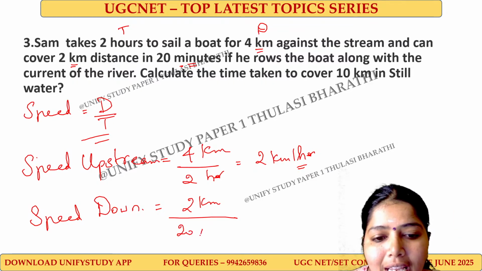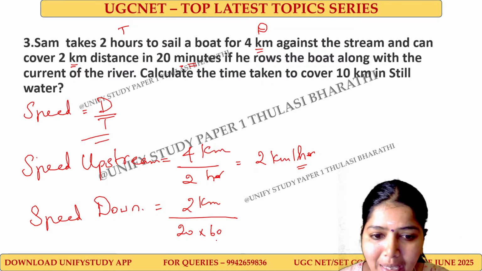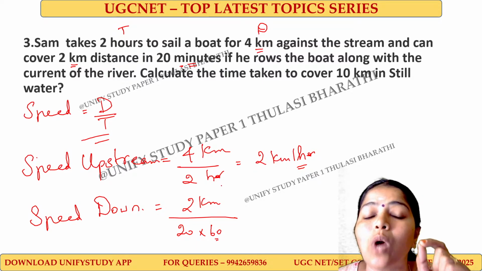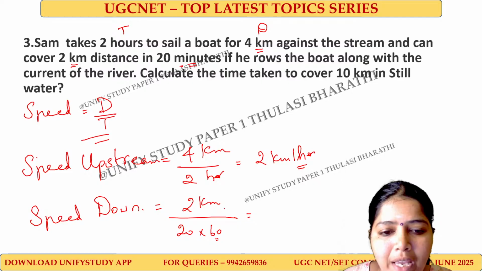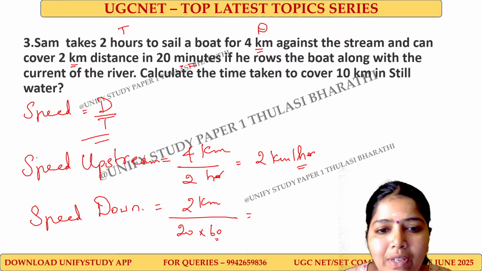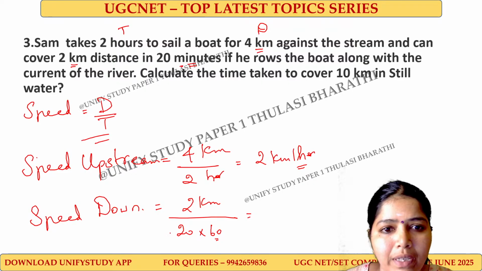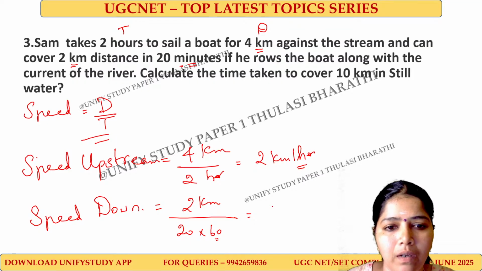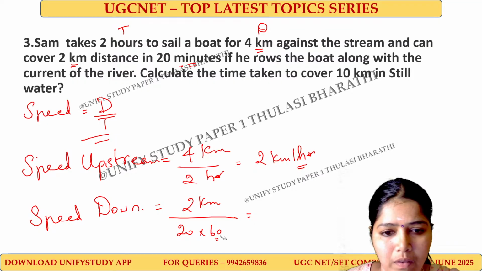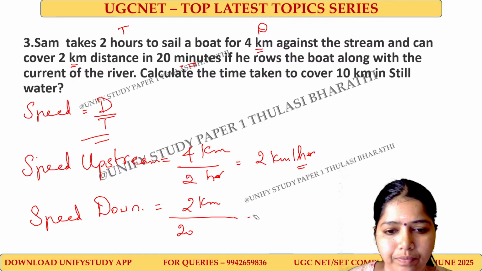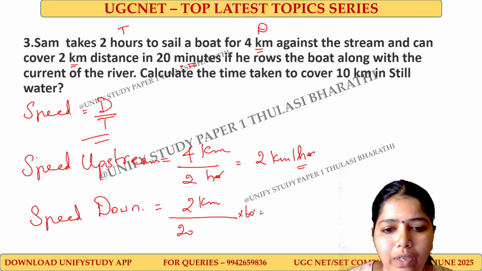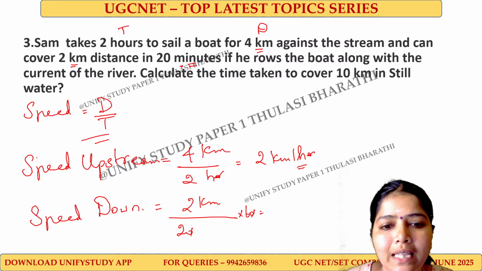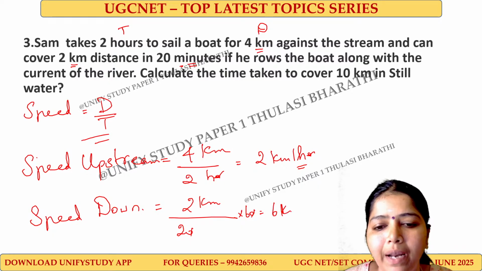So it is 2 kilometers divided by 20 into 60. Why have we multiplied by 60? I have to convert minutes to hours. That gives me 2 kilometers, 1 into 60, that is equal to 2, cancel 3, that is 6 km per hour.